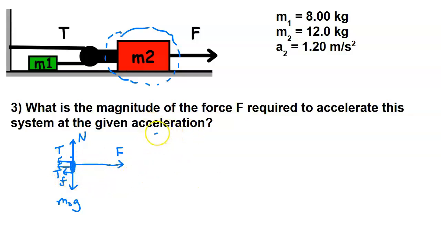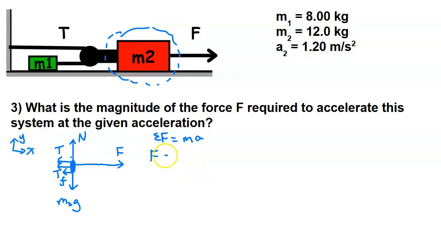So we're going to use our net force equals ma, and then we're going to substitute all the forces in here. We have the force to the right, and we're making right positive and up positive, like before.